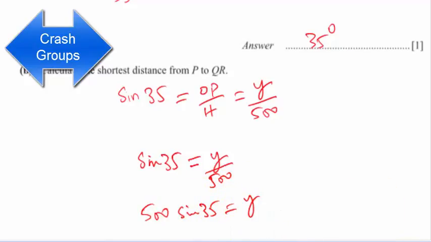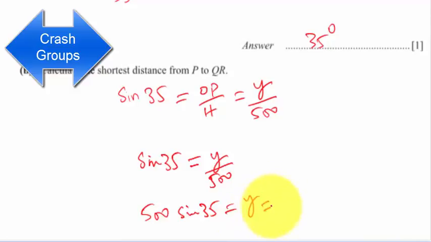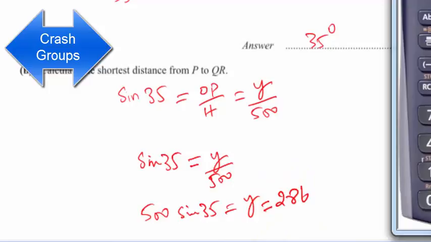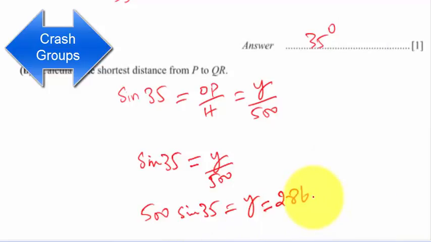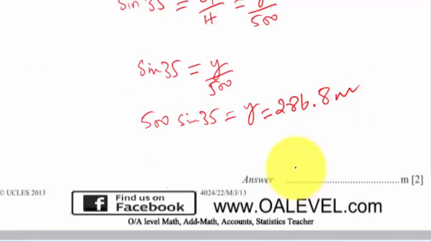You can use calculator. 500 times sine 35, which makes 286.78. So the answer is 286.8 meters.